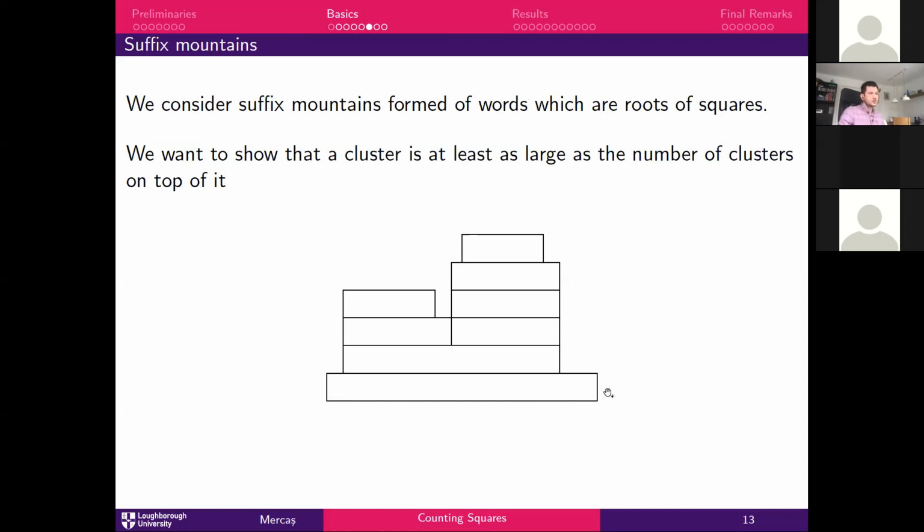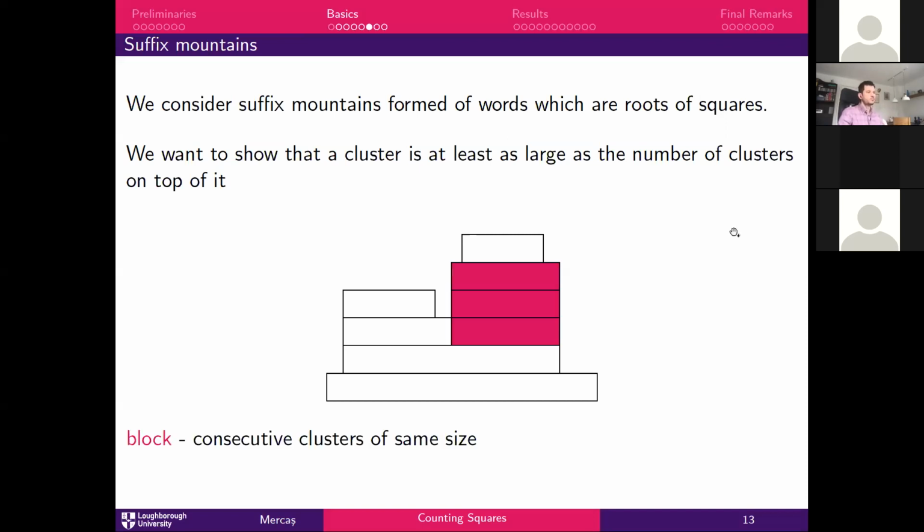So if I'm looking at this base cluster, then its length, so the number of occurrences of this root within my main word, is going to be bigger than the number of actually distinct squares that have this as a prefix. If I can do that, then basically I prove the conjecture. If I can do it fully for mountains.